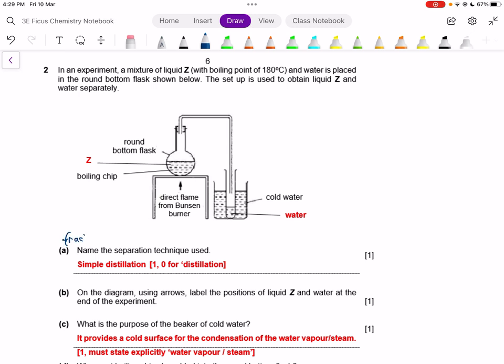You can see there's no fractionating column, so fractional is not accepted. And if you write just distillation, it is also not accepted. It is important to tell me it is simple distillation. Don't just write distillation, that one is wrong.